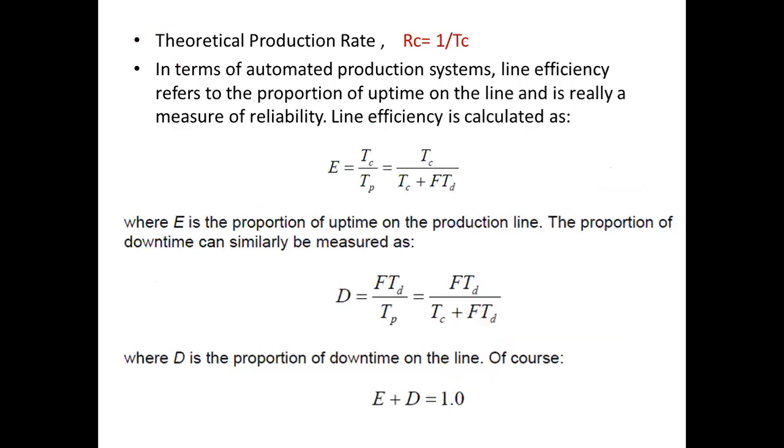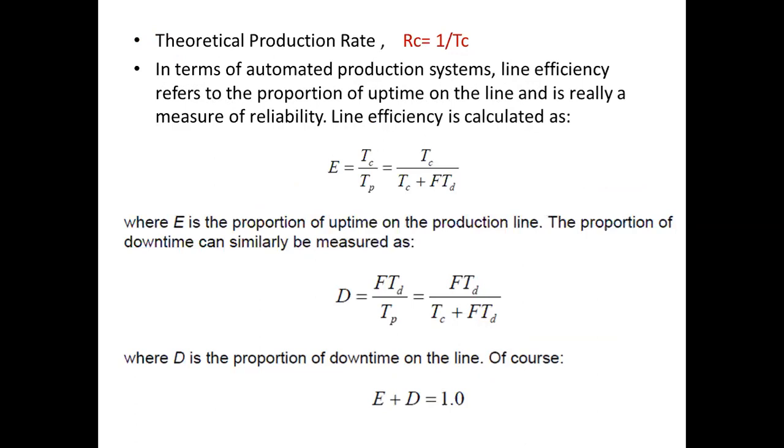Therefore, the theoretical production rate RC equals 1 upon TC, because here we do not consider any type of downtime, where TC is the cycle time. Now in terms of automated production systems, the line efficiency refers to the proportion of uptime on the line and is really a measure of reliability.